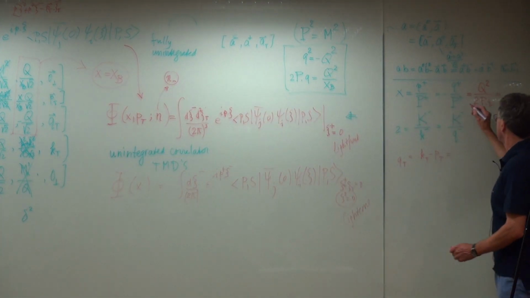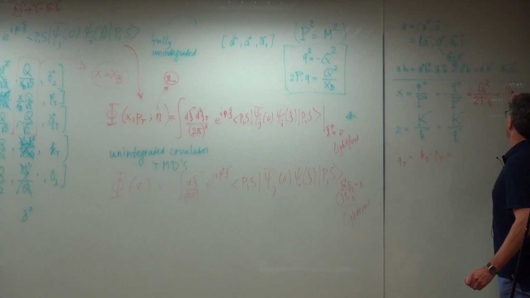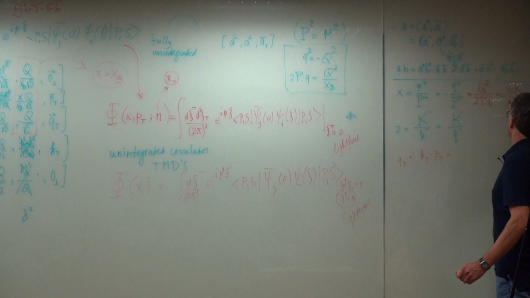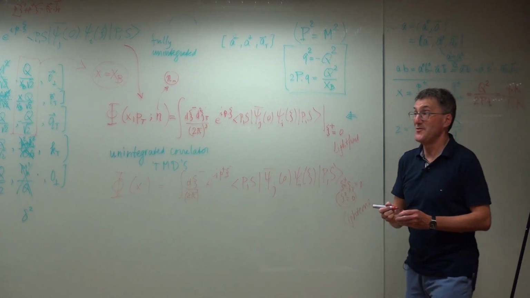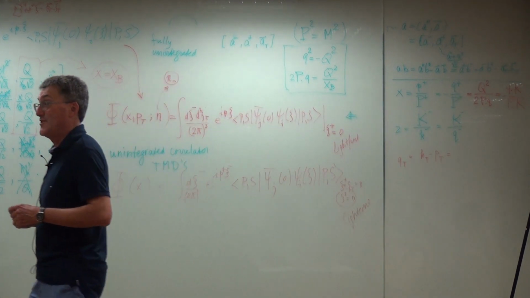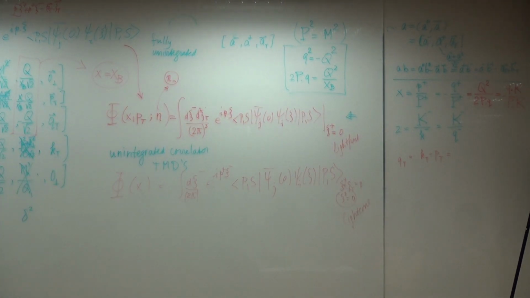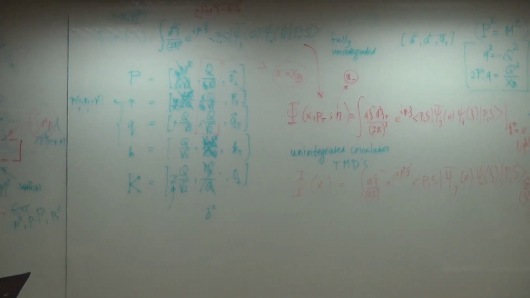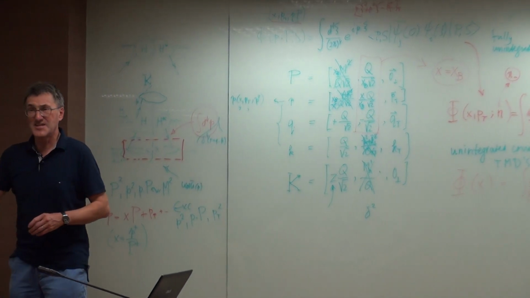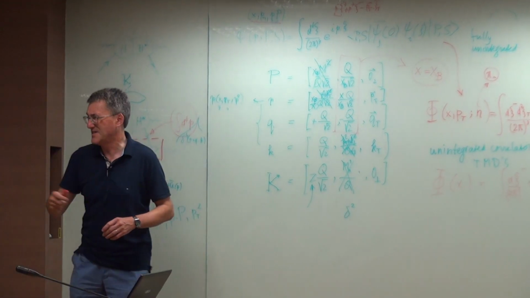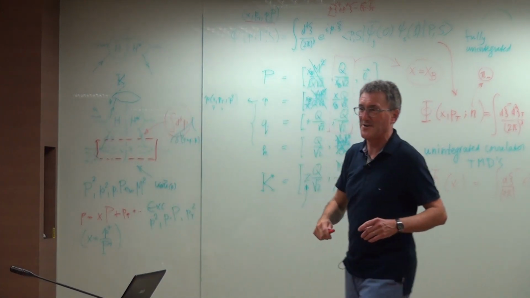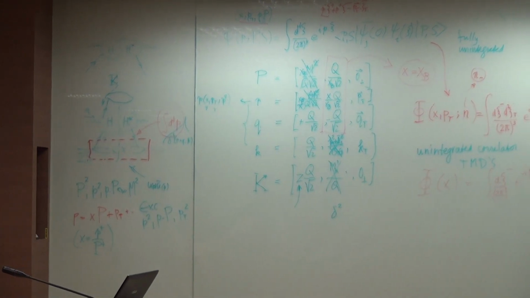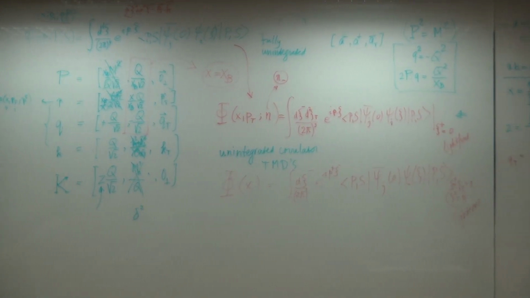Then I get Q dot K, a minus sign, and I divide it by P dot K. Any experimentalist can also measure that, and the result, in a one-jet production process, is equal to the Bjorken scaling variable. For people who worked at HERA, this has a name, I forgot the name, it's a way of determining x Bjorken just from the outgoing final state.